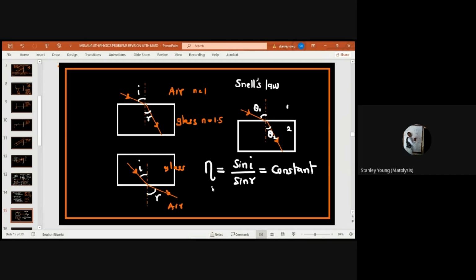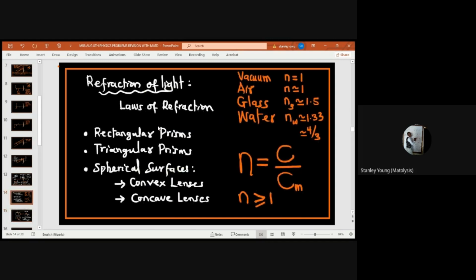This is called the relative refractive index. There is a difference between relative refractive index and the absolute refractive index. The absolute refractive index is the ratio of the speed of light in vacuum to the speed of light in a medium. Please take note of this.